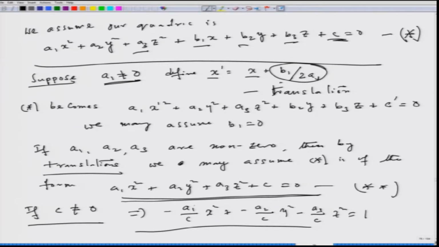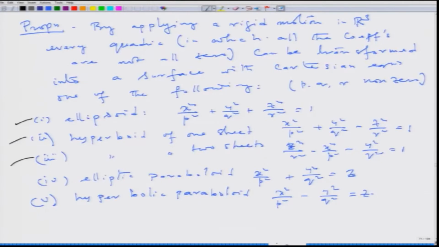So, these are my 1 by p square, 1 by q square, 1 by r square. So, depending on the sign of A1, A2, A3, I will get either ellipsoid, hyperboloid of one sheet or hyperboloid of two sheets, correct.